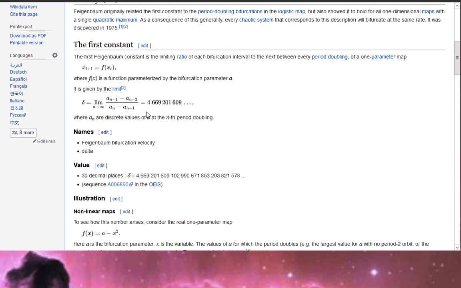So here's this number, 4.66, and it says that the first constant is the limiting ratio of each bifurcation interval to the next between every period doubling of a 1-parameter map.